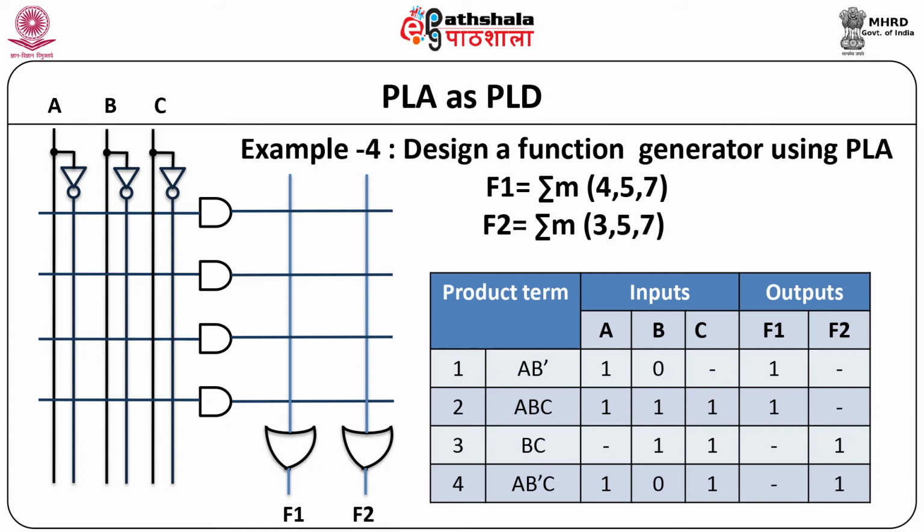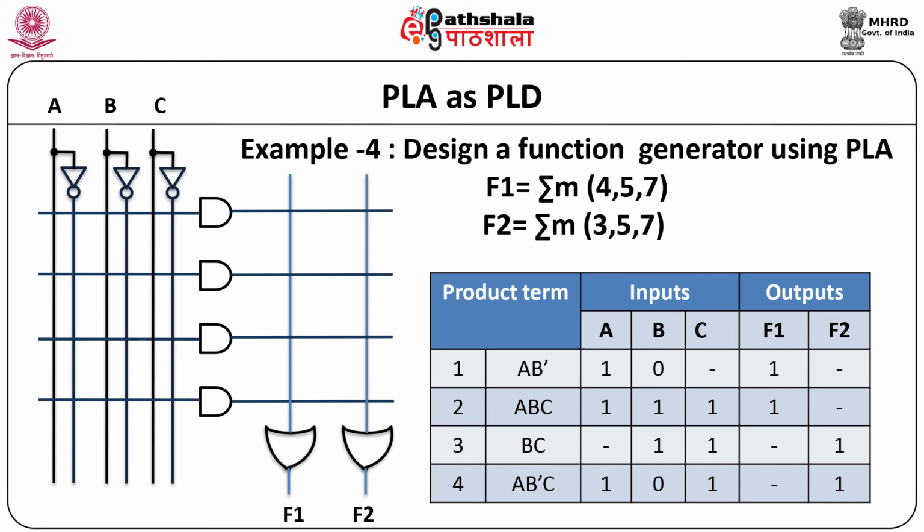For PLA, all the complemented and uncomplemented input variables are available for programming the AND gate matrix. Thus the crosslinks are placed at appropriate positions through programming for the implementation of these 4 product terms.